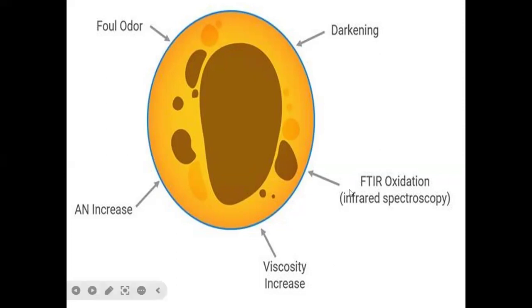We also have infrared spectroscopy indicating that we have oxidation. The viscosity usually increases, and the acid number also increases. So therefore, this particular lube oil or lubricant will now have the tendency to corrode any metals that it passes through.